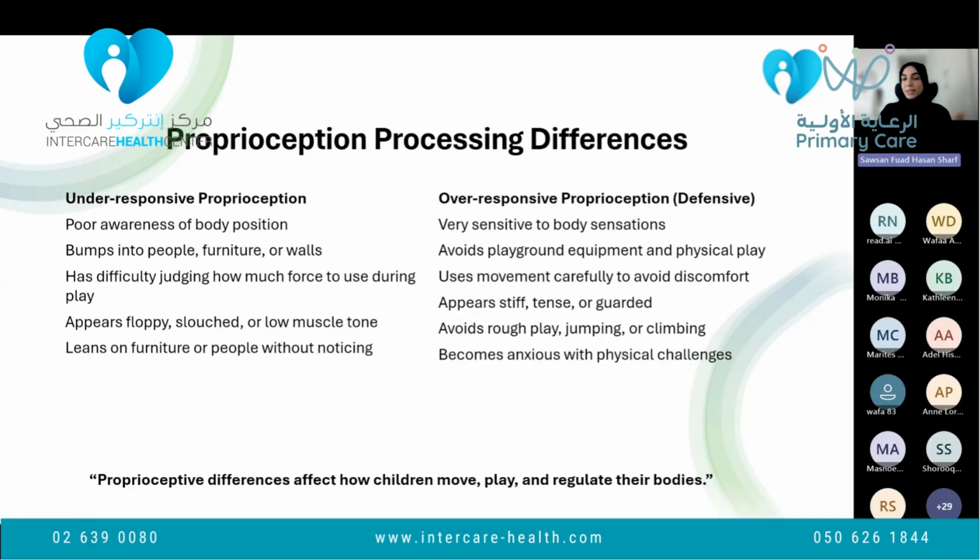The child will also appear stiff and tense, and sometimes walk heavily. You will feel like they are moving their feet very heavily while walking. They will avoid rough play, and usually become very anxious with any physical challenge.